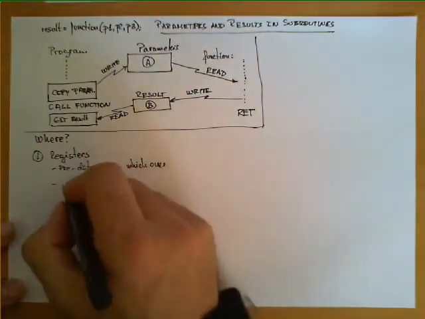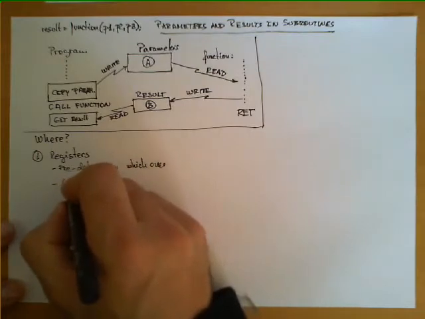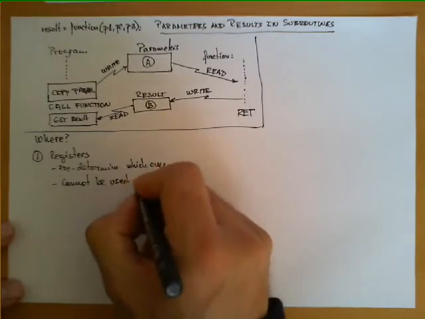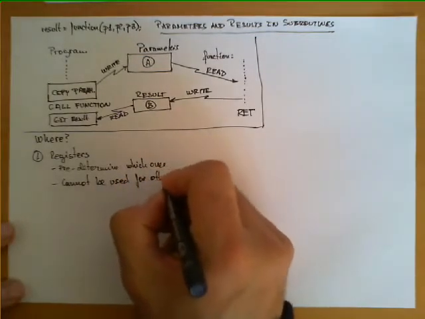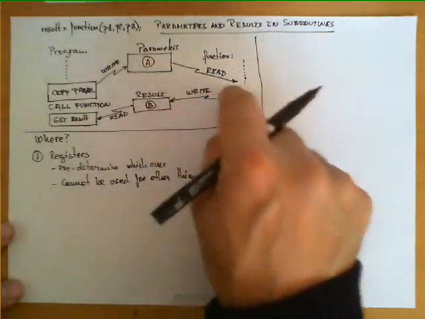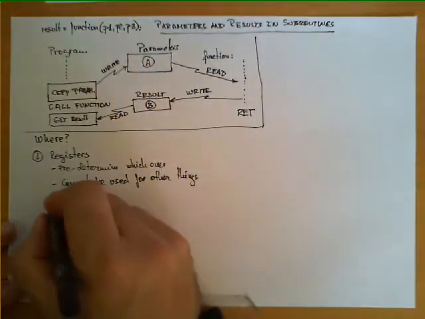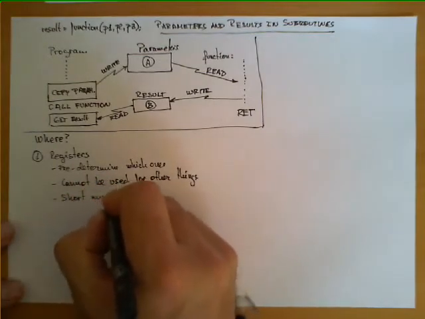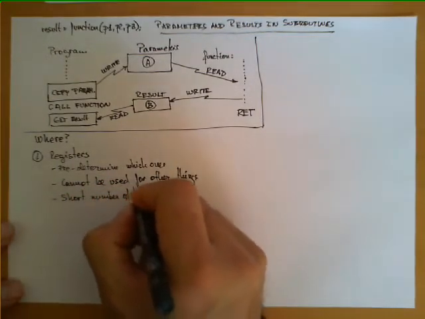Then these registers cannot be used for anything else, because they are reserved to hold these values and store the result. We also have a problem with the solution. It's that we have a short number of registers.